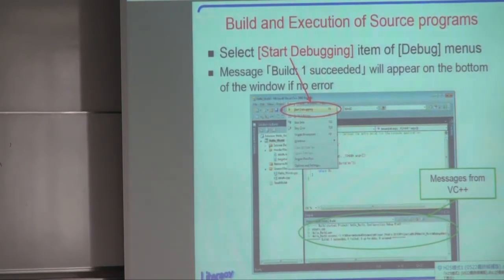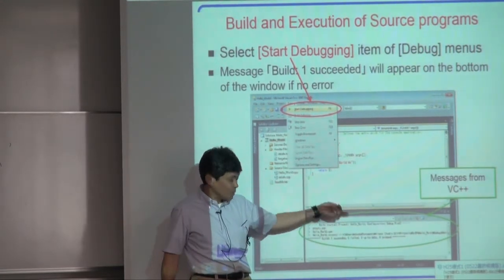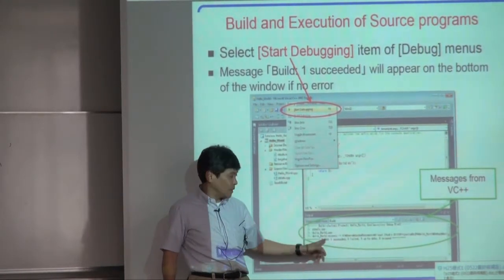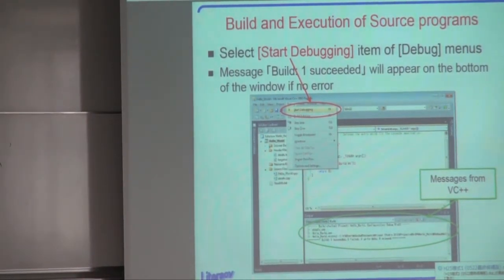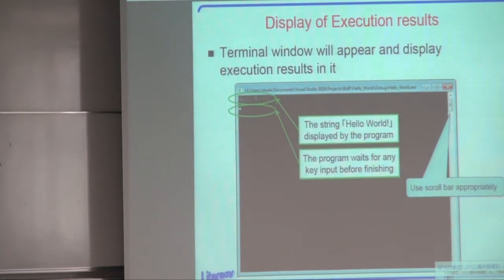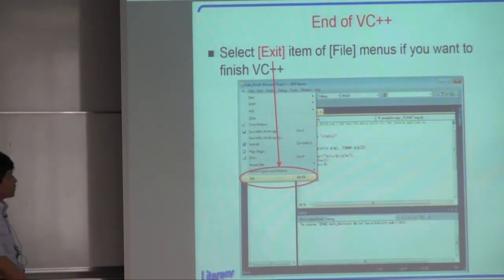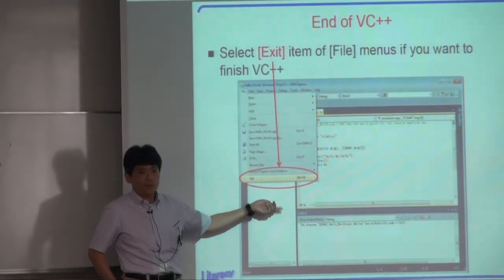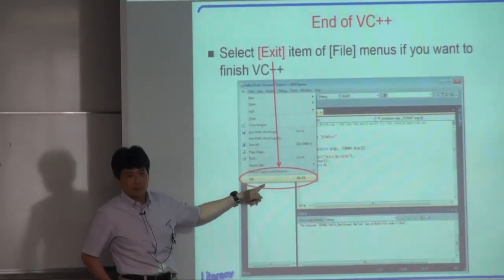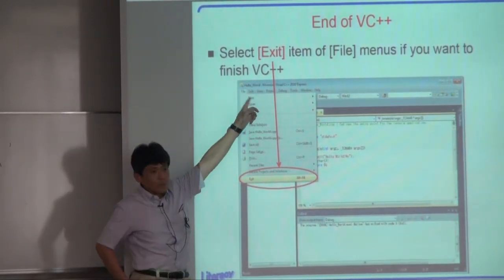Of course, if your program includes errors, such a process automatically stops and the error message will appear. The result is the same as the previous. And if you finish making your program, please exit the Visual C++ IDE by selecting Exit from the File menu.